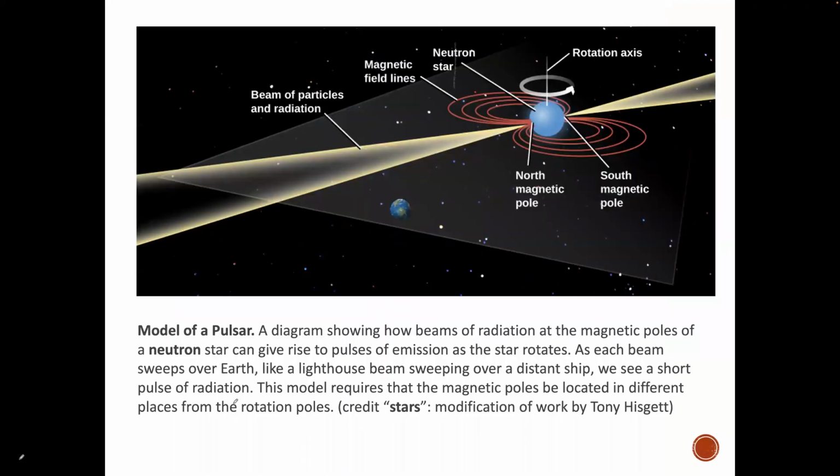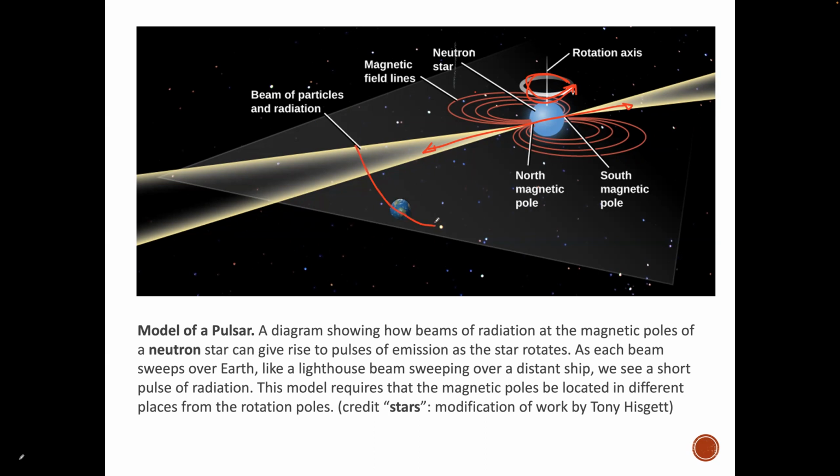And here is another picture that gives you a clear idea. Here is the rotation axis of the neutron star, right? And here is the magnetic axis. Because of that, a beam of particles will move in these two directions. When this star rotates, this beam of particles and radiation will sweep out like that.